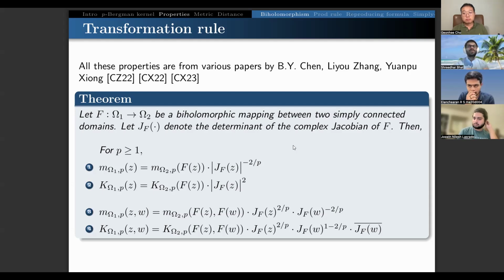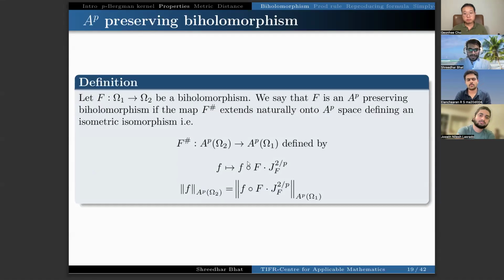One more thing I might add: whenever you're looking at this transformation formula in the case of A^p, there are two things that you can do. One is to restrict your biholomorphic function to something that is A^p preserving. Or else, from one A^p you look at the other A^p, which should be a weighted A^p.